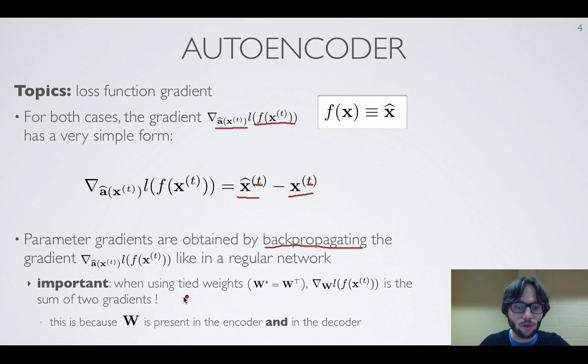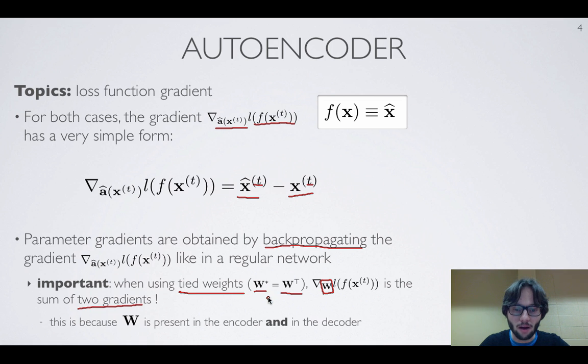One thing that's important to notice, however, is that if we use tied weights, that is, if you use for the reconstruction weights W star the transpose of the encoder weights, the weights into the hidden layer, then in this case we have to realize that the gradient with respect to the matrix W is really the sum of two gradients.